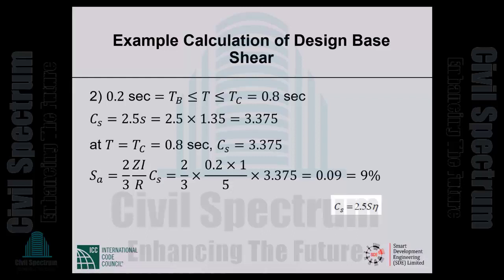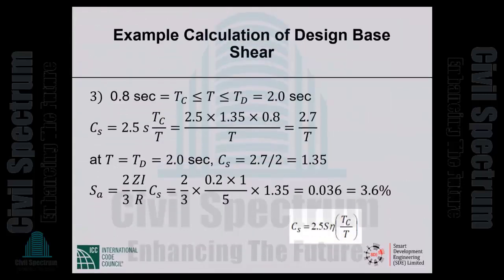And at the end of the flat top, we have the same 9%. Then the descending branch, T sub C to T sub D, 0.8 second to 2 second. This is the equation of the descending branch. Our eta is 1, so our equation is this. S is 1.35, T sub C is 0.8, so C sub S is 2.7 by T.